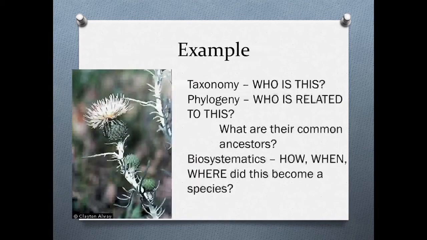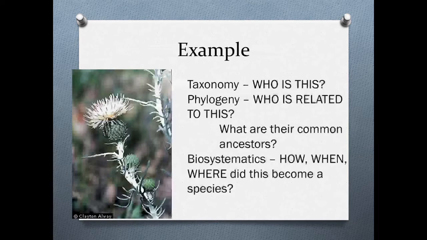So here's an example. We take a look at this picture. The science of taxonomy is going to ask, who is this plant? And it's done when we give that plant a name, both a scientific name and a common name. We fit it into that hierarchy that I showed you earlier, the species, the genus, the family, etc., etc. Phylogeny is going to ask, who else is related to this plant?